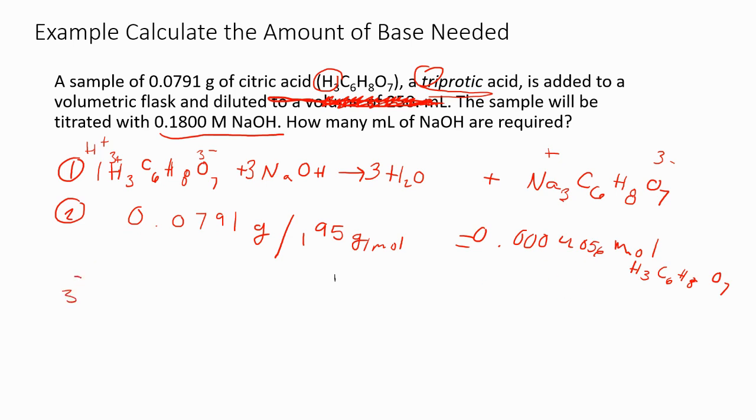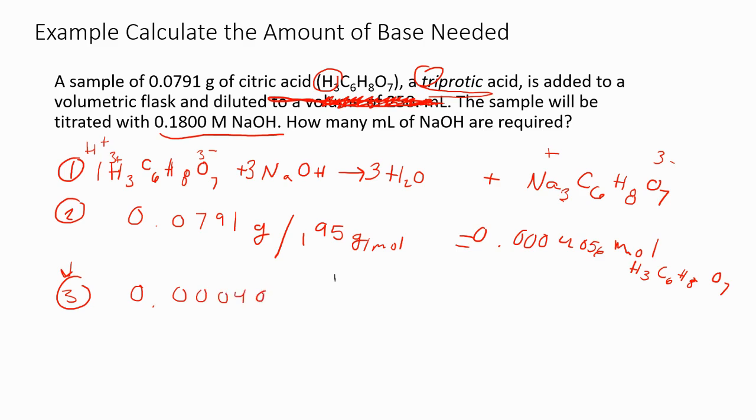The third step is I need to relate moles of citric acid, that's how many moles I have, to how many moles of sodium hydroxide I need. So this is telling me for every 1 mole of citric acid, I need 3 moles of sodium hydroxide. So I can set this up as a mole-to-mole ratio. There's a few different ways. You can do a shortcut on this. We're just doing the very formal way, but if you want to just do a shortcut, that's fine.